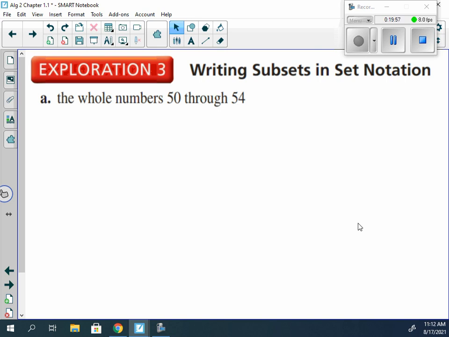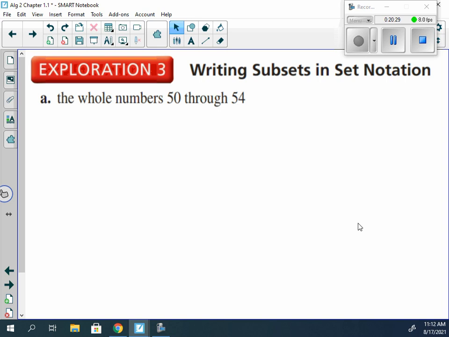This is the first one we're going to look at. Writing subsets in set notation, writing this in set builder or set notation. So would it be difficult to write out the whole numbers 50 through 54? Because what would those be? Well, 50 and 51, 52, 53, 54, yes?